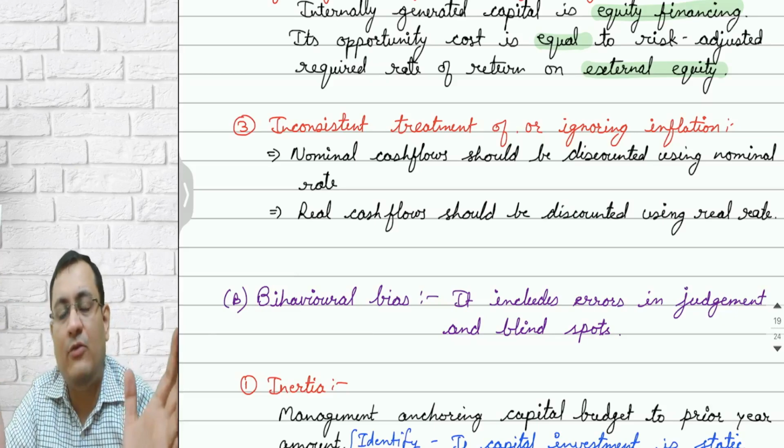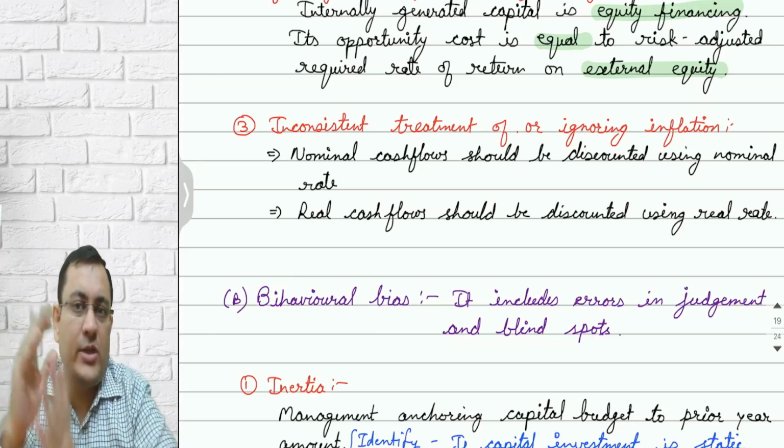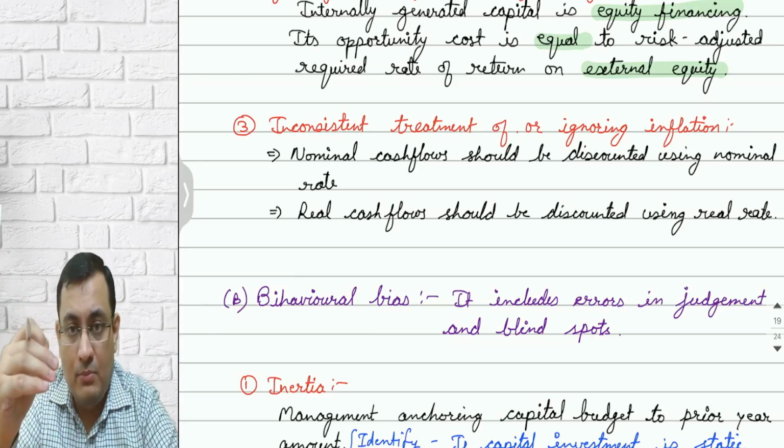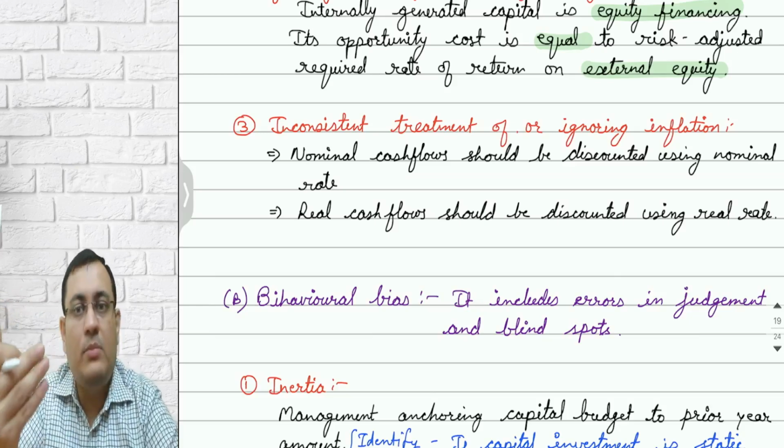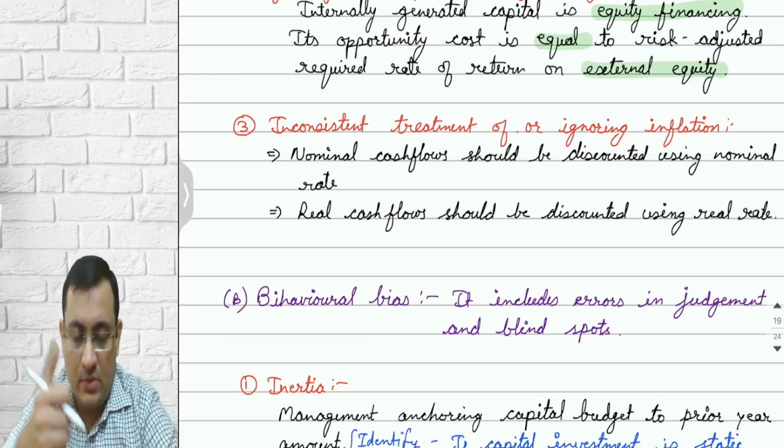So while forecasting cash flows, inflation should be considered by increasing the cost numbers as well as your revenue numbers. Number one.